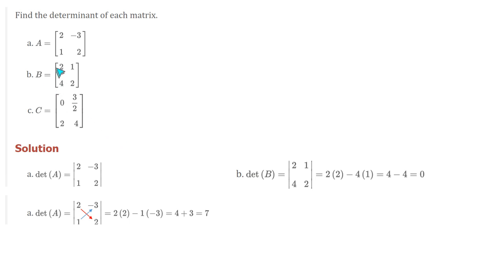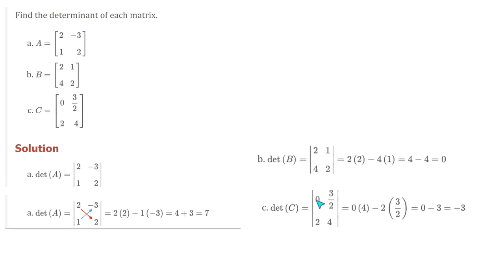And then for letter B, we have 2 times 2, 2 times 2, and 4 times 1. So 2 times 2 is 4, minus 4 is 0. And then letter C, 0 times 4, and minus 2 times 3 halves. So 0 times 4 is 0. And then this would give me negative 3. So the answer is negative 3.